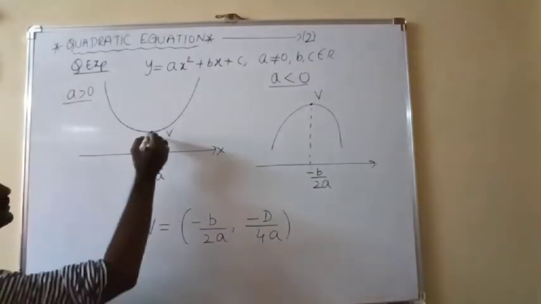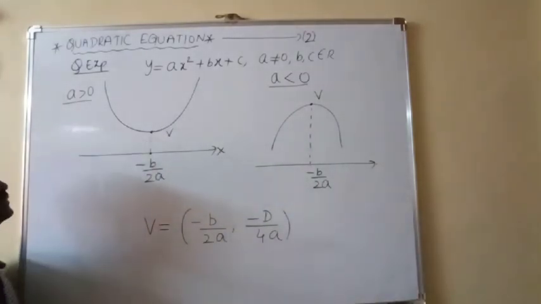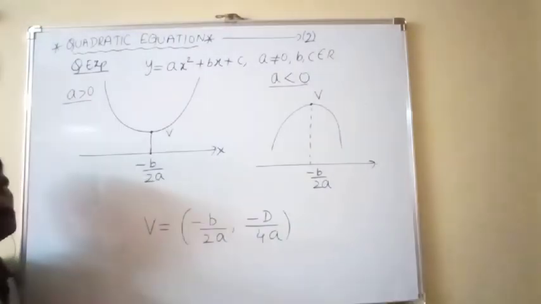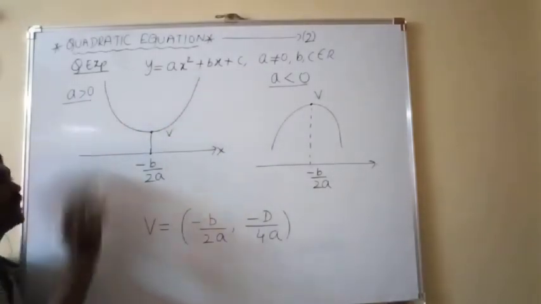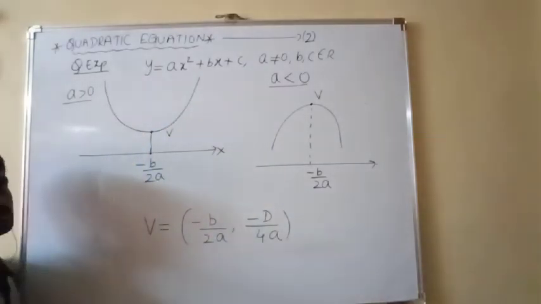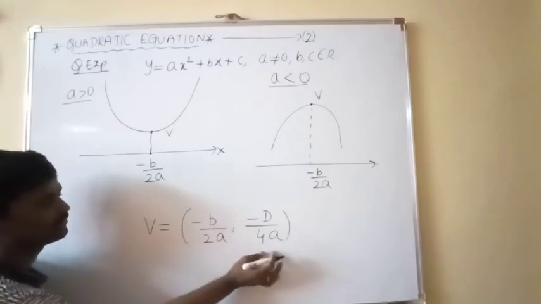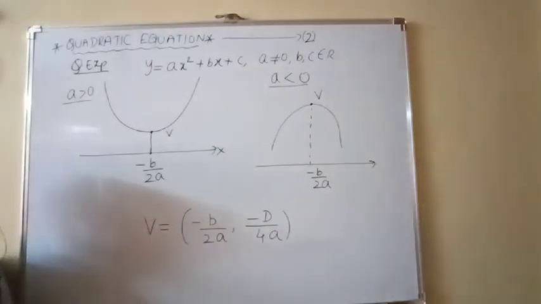Here, when a is positive, the graph has a minimum height from the x-axis. That means this function has a minimum value at the vertex. When x is minus b by 2a, the function value is minus d by 4a.